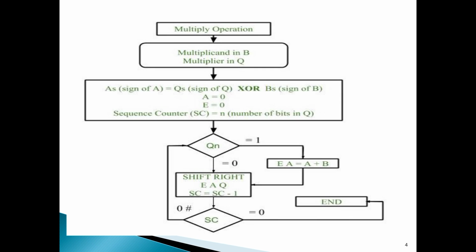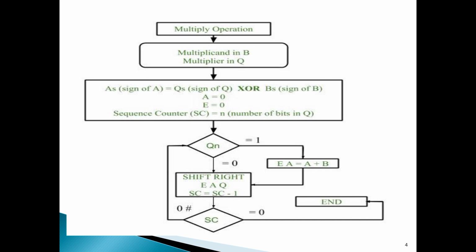According to this flow chart, every time we check the sequence counter. Here the sequence counter is 4. Is 4 equal to 0? That is false. So again check the Qn value. If it were 0, go to end; since it is not equal to 0, we check the Qn value again.